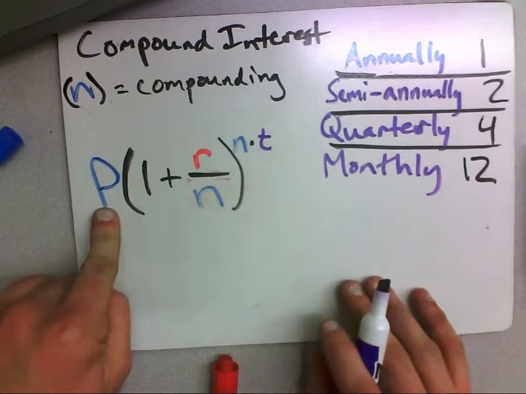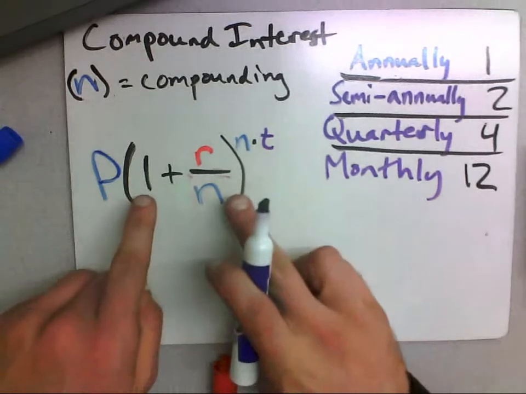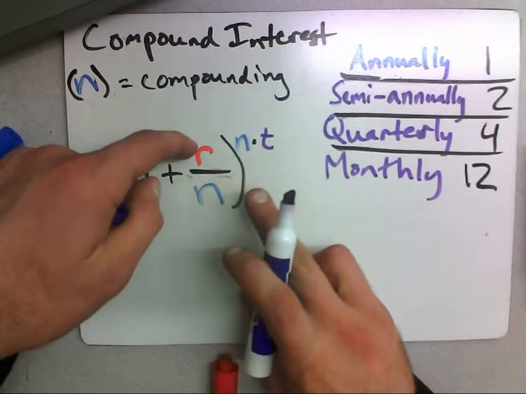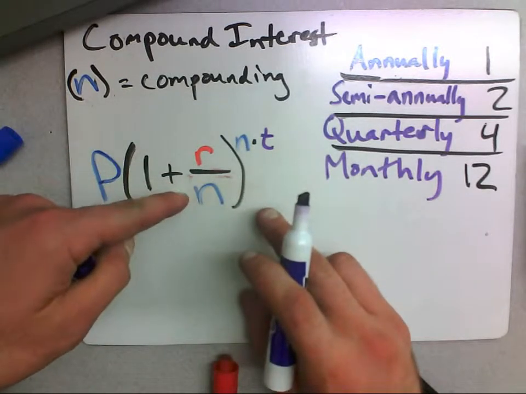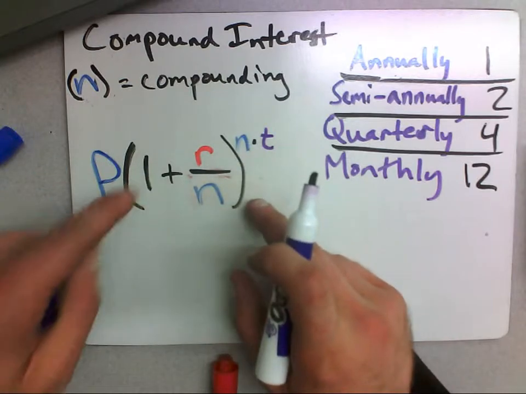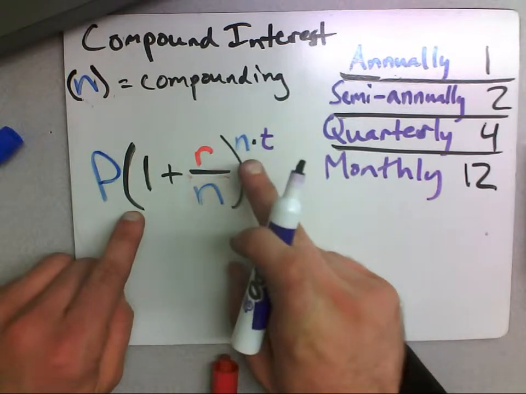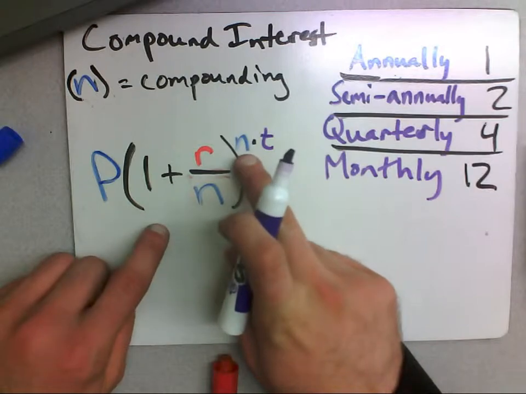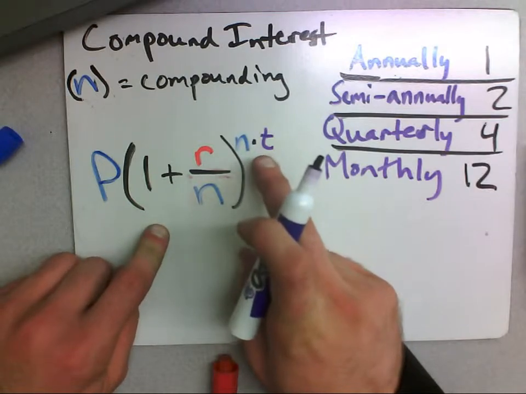So we have our principal times the sum of 1 plus the rate divided by compounding periods. That inside the parentheses is raised to the power of our compounding period times time.